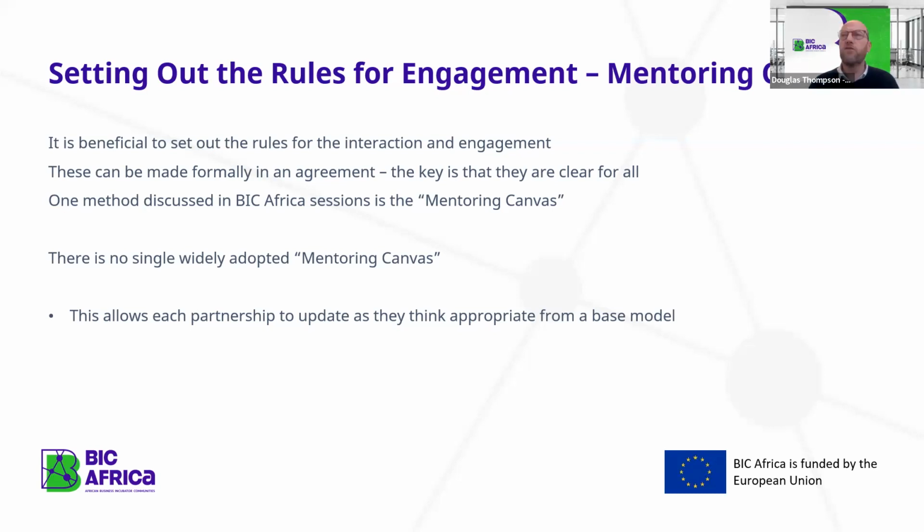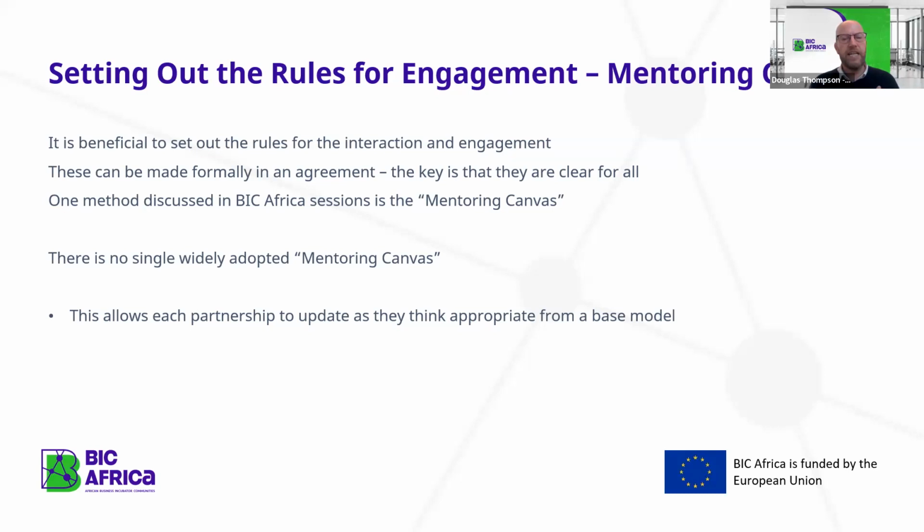There's no single widely adopted mentoring canvas, but we do think it's something which could be useful. It's in its early stages. It's included in the guidebook, and it's something which we were developing with the Ethiopian organisations that were part of the BIC Africa boot camp within Ethiopia in September, October.